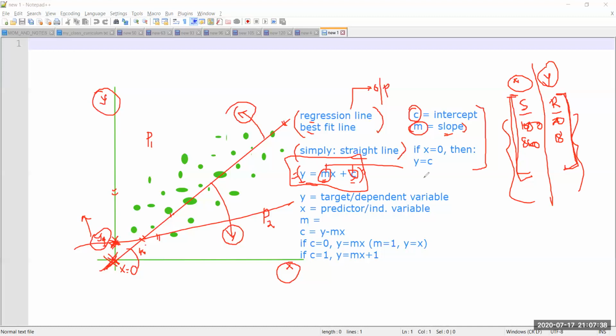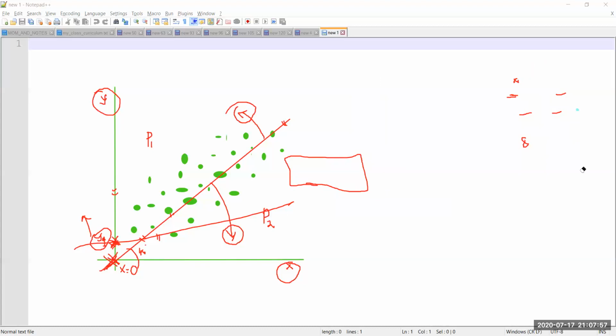If that is the objective, my null hypothesis is what? Let me just select this and try to remove all these things.